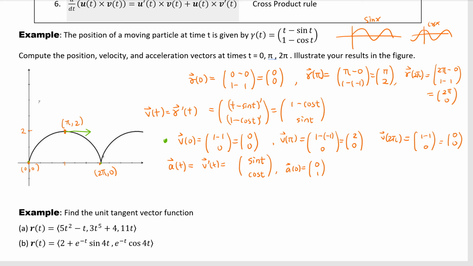And then a of pi: sine pi is 0, cosine pi is negative 1. And a of 2 pi: sine 2 pi is 0, cosine 2 pi is 1. So what does that mean?